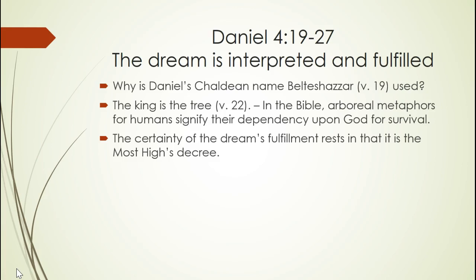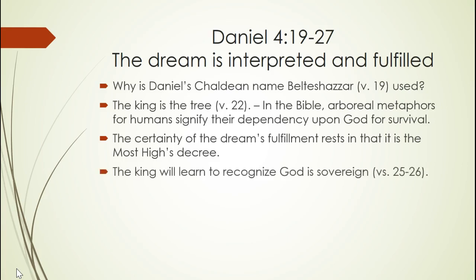It foresees what's going to take place, although Daniel does think it can be averted if Nebuchadnezzar were to atone for his sins with righteousness, to atone for his iniquities with mercy. The king will then learn to recognize that God is sovereign through this experience, being, as it were, brought low, and realizing that his life is really dependent upon God's will.